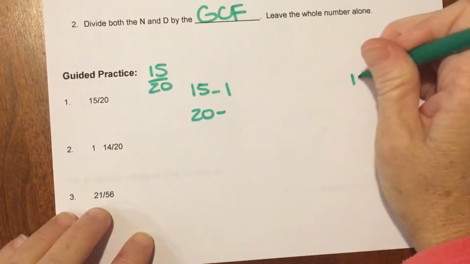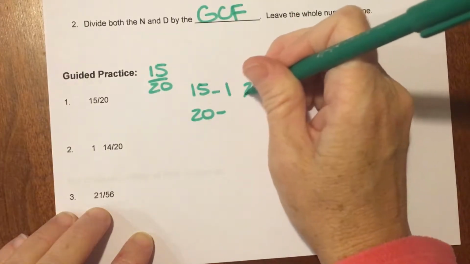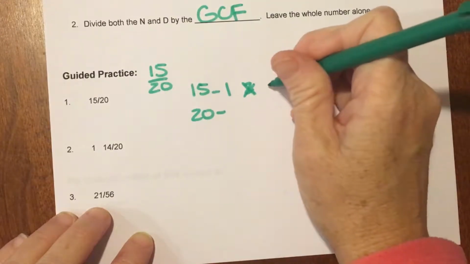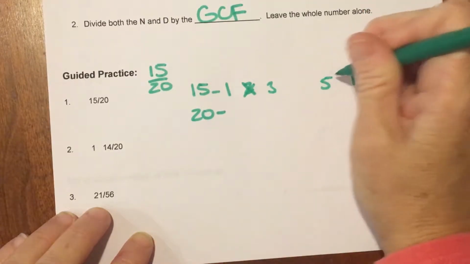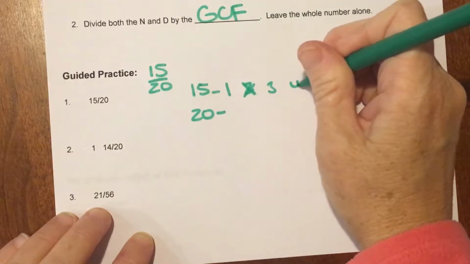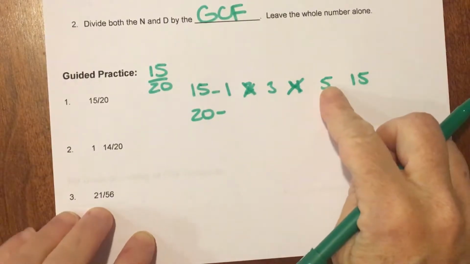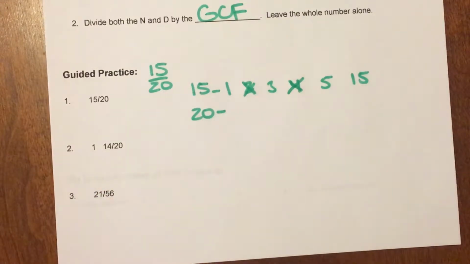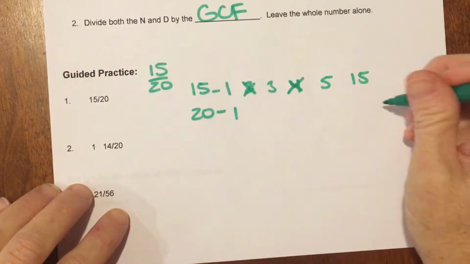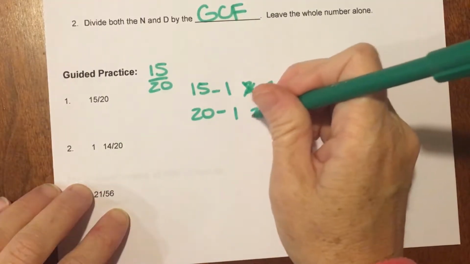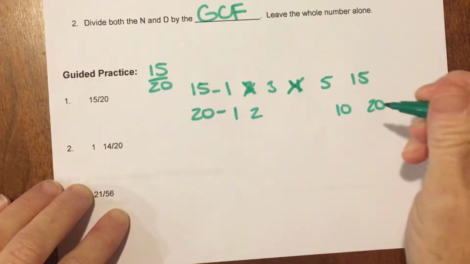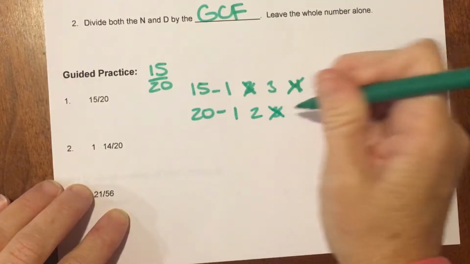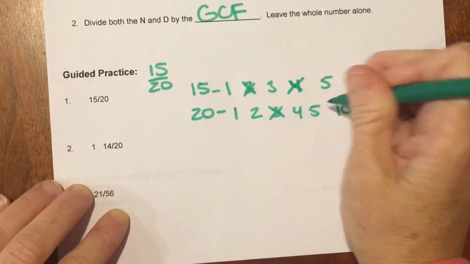So I get 1 times 15, 2 doesn't work, 3 times 5, 4 doesn't work, and then I would have a repeat. Okay, for 20, I have 1 times 20, 2 times 10, 3 doesn't work, and 4 times 5.